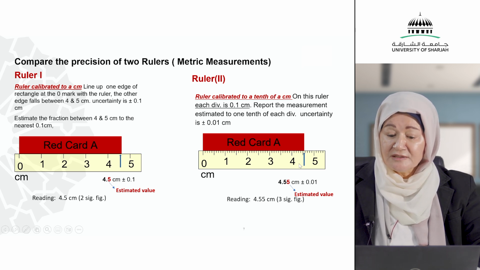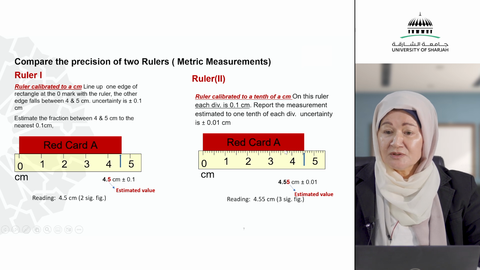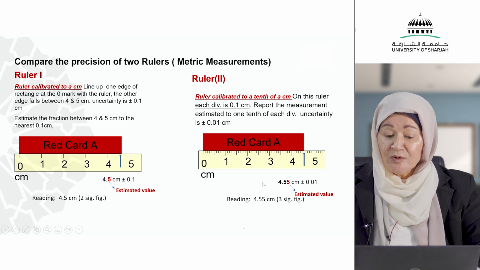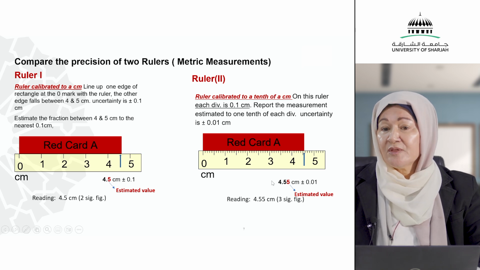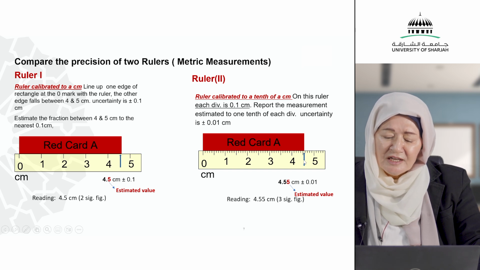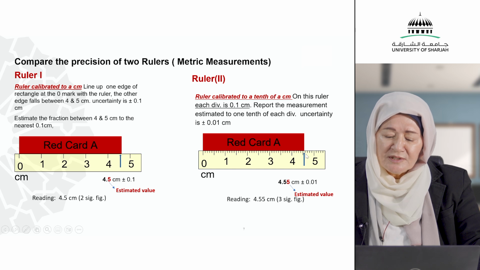The same card, I'm going to take the measurement of this card, but using another ruler, which is calibrated to 1/10 of a centimeter. Now I see that the card comes between 4.5 and 4.6, almost in the middle.